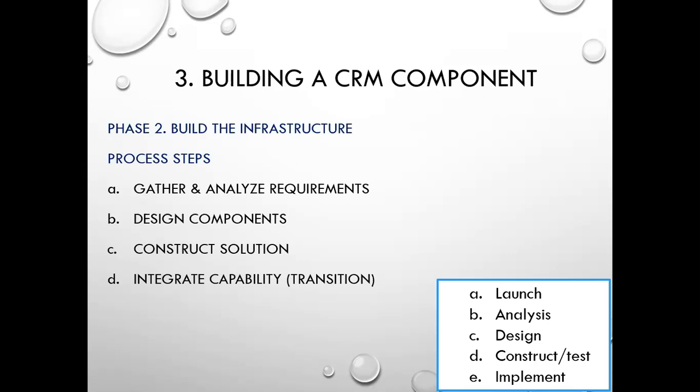First of all, the process step: all the infrastructure development projects follow the same basic and well understood method, that is launch, analyze, design, construct, and implement. These are the standard steps that we use to develop infrastructure.